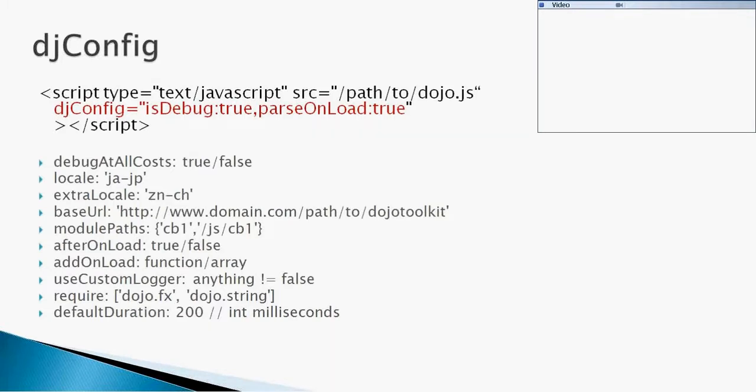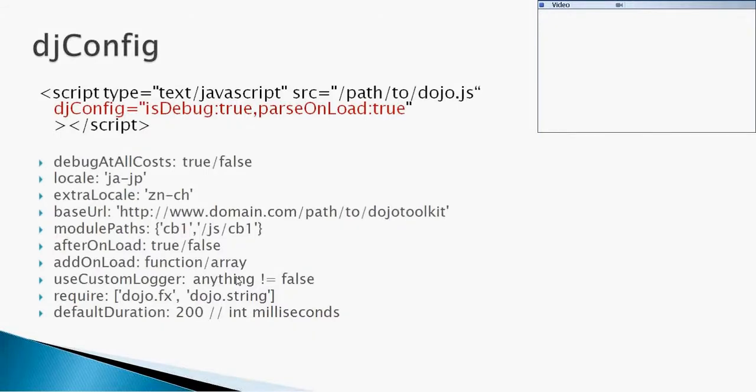Similarly, you have all sorts of other configurations, like isDebug, locale, and then baseUrl, modulePaths. We separately defined dojo.registerModulePath, but you can provide the same thing inside djConfig also.